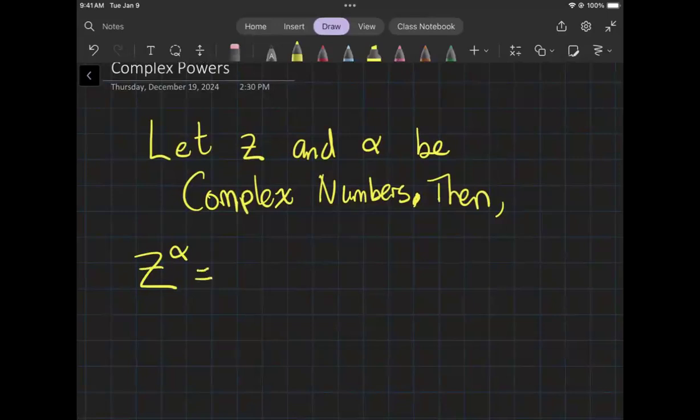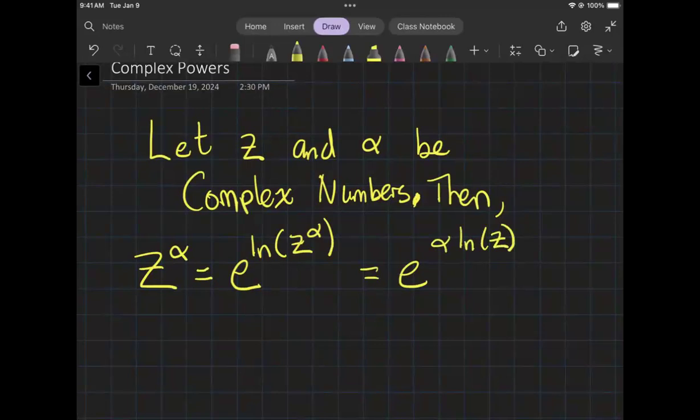Well, we can use this trick of using the exponential and the logarithm, right? z to the alpha equals e raised to the ln of z to the alpha, and this is equal to e raised to alpha times the natural log of z.